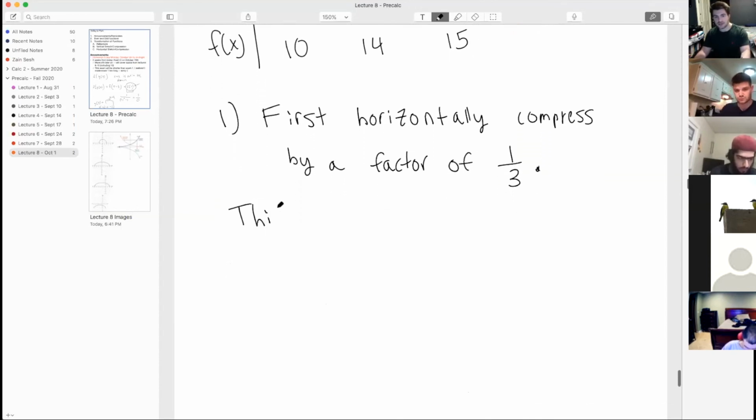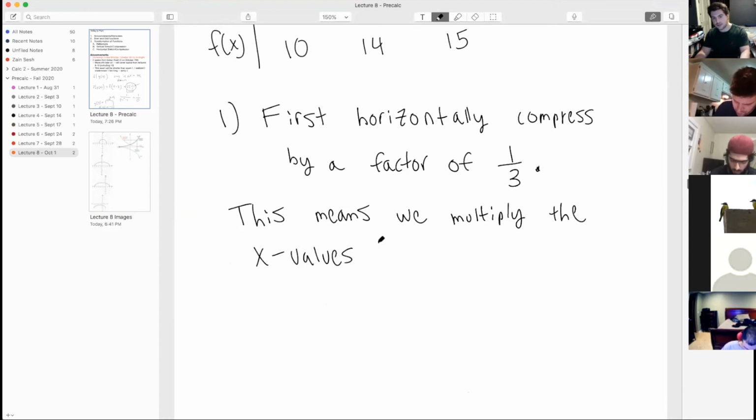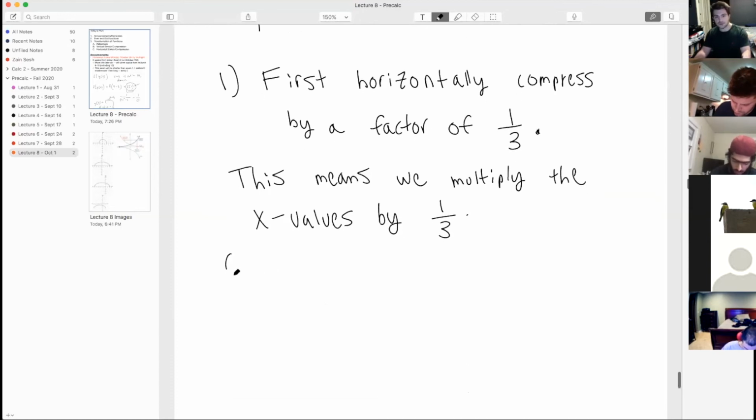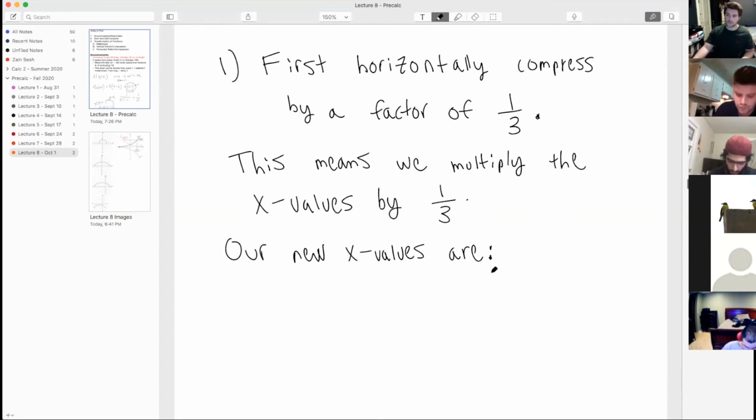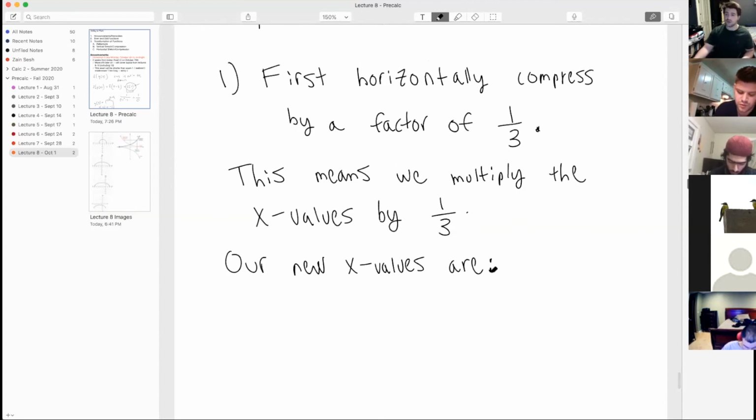Okay. So this means, algebraically, we multiply the x values by 1/3. Okay, so our new x values are... we horizontally compress by a factor of 1/3.